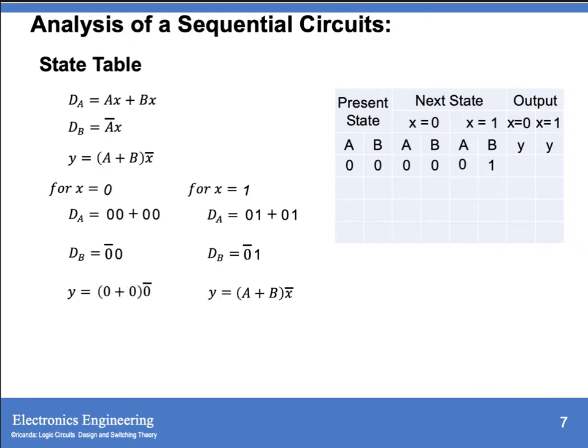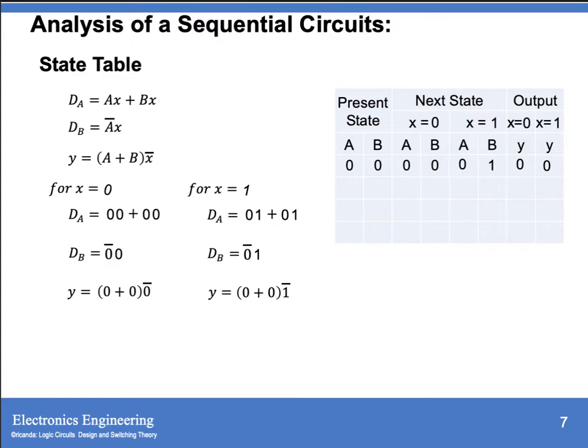And for your Y, when X equals 0, it is 0, because we have 0 or 0, then AND with 1, so therefore it is 0. When X equals 1, we have 0 or 0, then AND with 1 bar, that is also the same as 0.